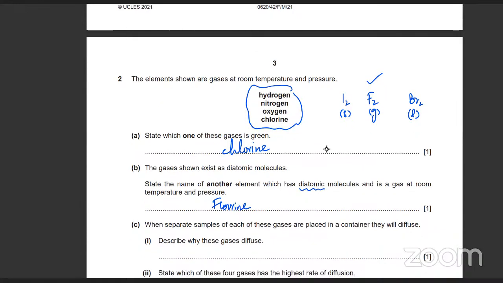When separate samples of each of these gases are placed in a container, they will diffuse. Describe why these gases diffuse. Why do substances diffuse? Because they are in constant random motion, right?